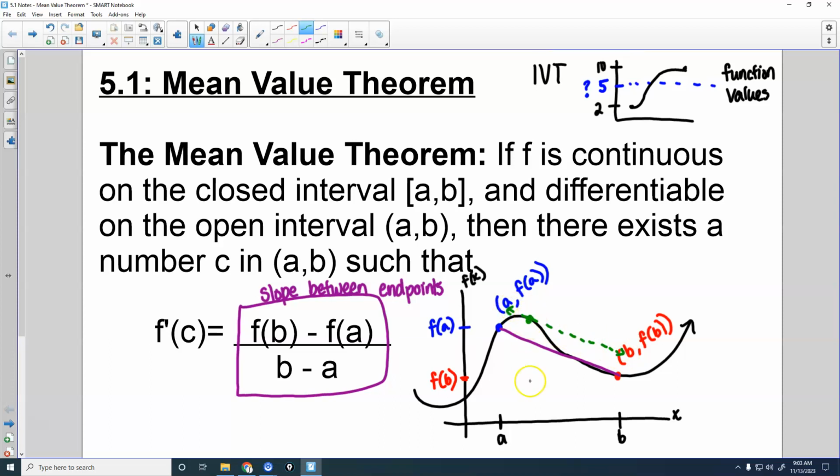So in this case, that would be our c value. The mean value theorem tells us that at some point the derivative must equal the slope between the endpoints.